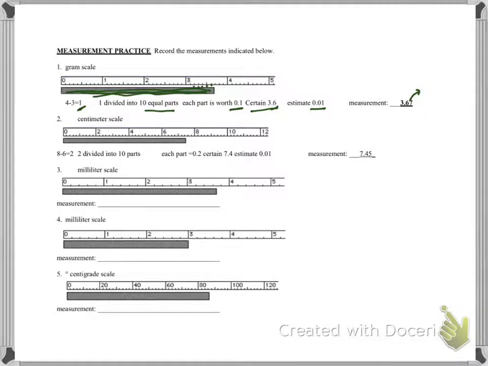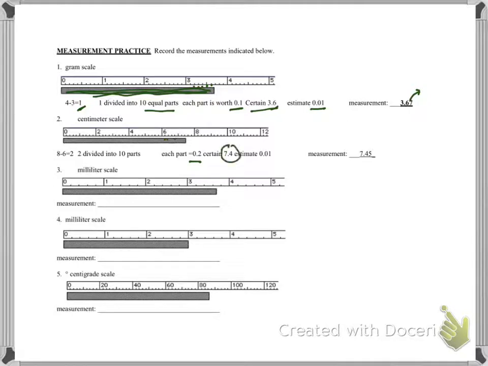Look at this. Here it is between 6 and 8. So 8 minus 6 is 2. Again, 2 is divided into 10 parts. So each part is worth 0.2. 2 divided by 10 is 0.2. So that means 6.2, 6.4, 6.6, 6.8, 7.2, 7.4.